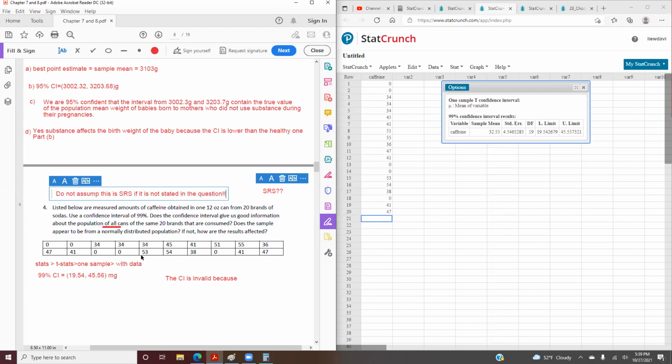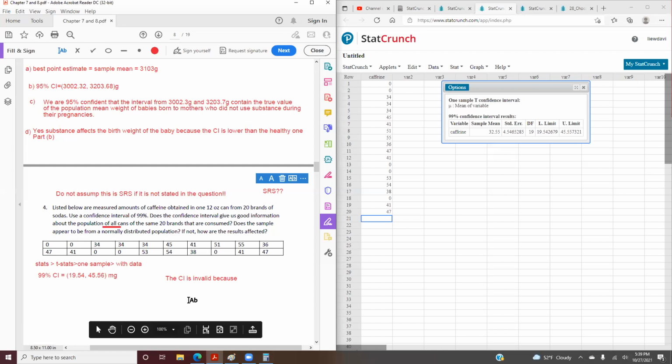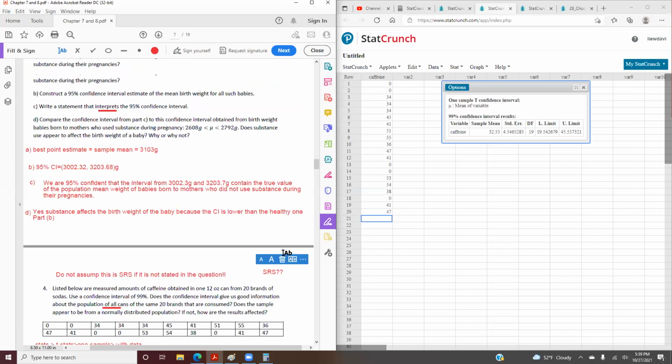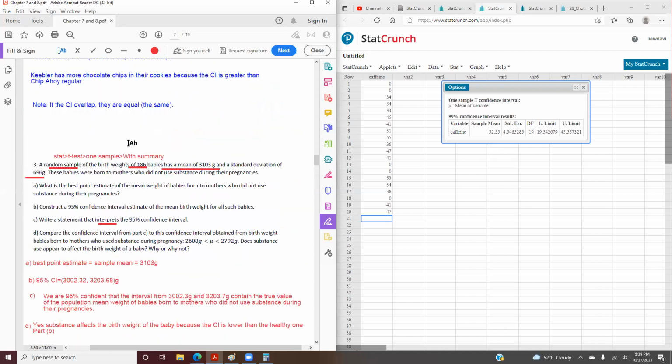Very important. So far, everything that we have learned, up to chapter 7.2, has to be very specific. That's why you have the random samples involved.